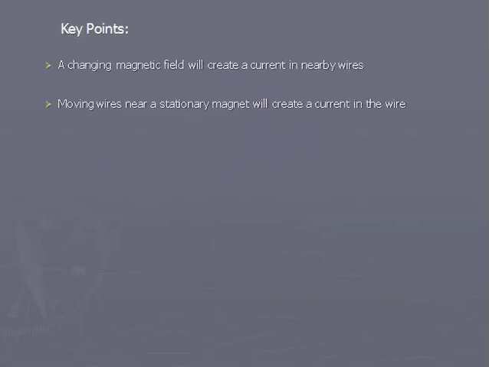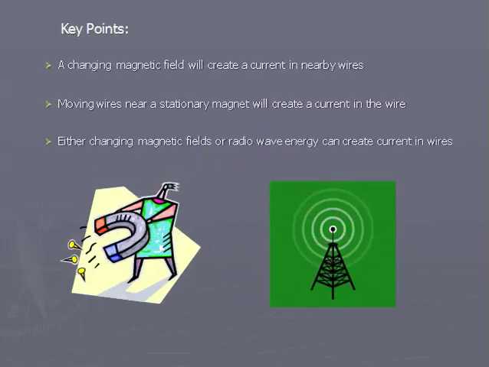So as we begin our discussion on electrode lesions, remember, a changing magnetic field will create a current in nearby wires. Also, moving wires near a stationary magnet will create a current in the wire. So, either changing magnetic fields or radio wave energy can create current in wires, such as our lead wires.